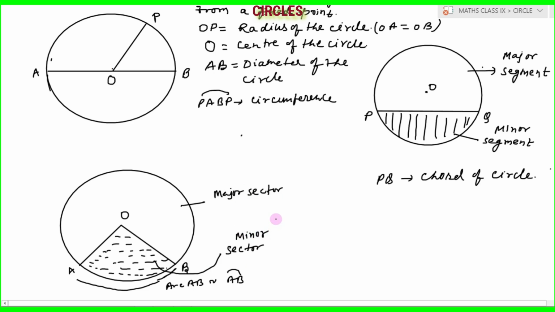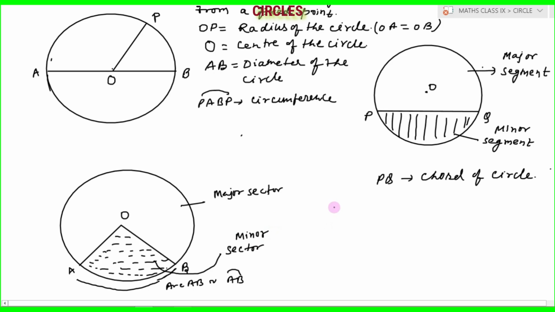Okay, so these are the basic terms related to the circle. I can repeat once again. You must keep in mind the center of the circle, radius, diameter, chord, segment, and one more, the sector of the circle.